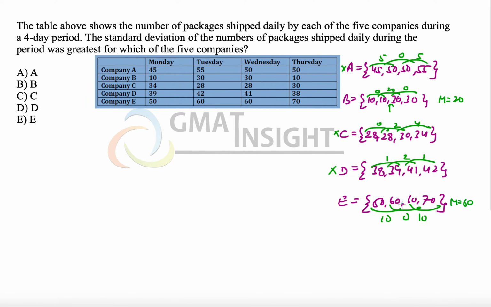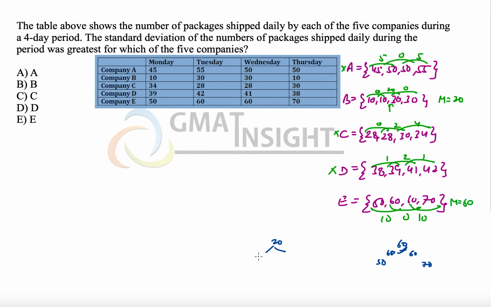Now we have to see which of these two sets has greater separation from the mean. So you see that we have mean 60 and we have two values which are equal to 60. So they are actually reducing the standard deviation, while the other two values 50 and 70 are at a gap of 10 from the mean value 60. While if you look at set B, the mean is equal to 20.